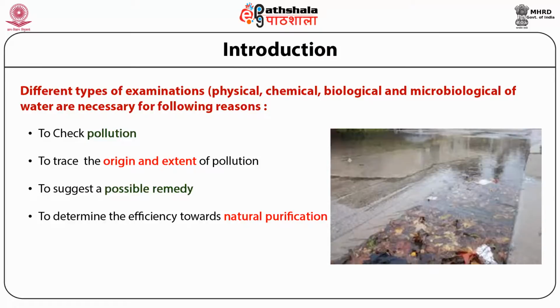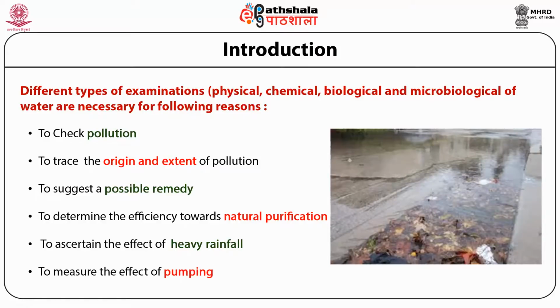It is also essential to ascertain the effect of heavy rainfall or long continued drought, and to measure the effect of pumping, particularly when wells are constructed near the sea or an estuary where tidal influence is possible.